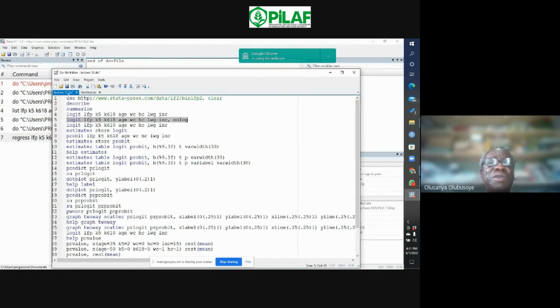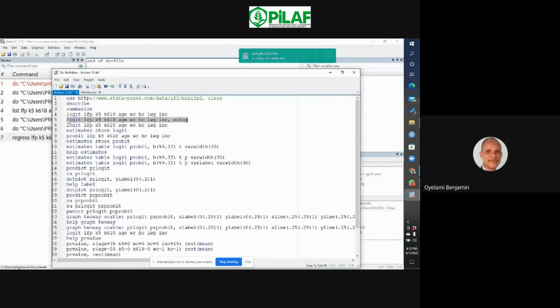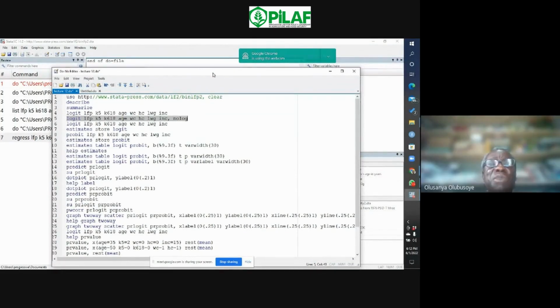So for now, we are using logit. Instead of using the menu command, use the commands in the do file. I'm also going to use another option, nolog. What happened in your case, I can also make happen with logit.